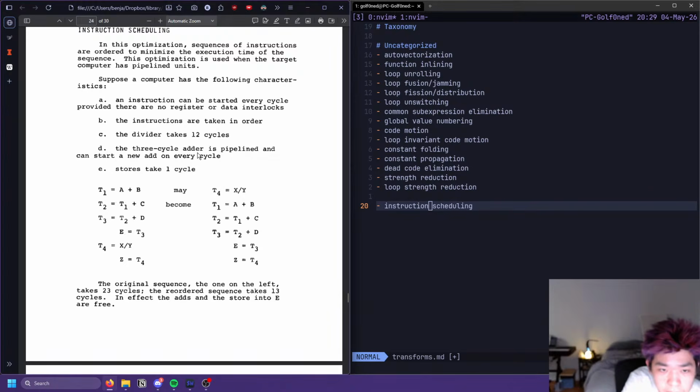Oh wait, I see. Pipelined, okay. So this alone takes 3. Pipelining this is, so that's like 4 total? Alright, no, this has a dependency. So this waits for that. So this is 6. This has dependency as well, so that's 9. This is 1, so 10. This is 12. So this is what? 22, and then 1 for 23.